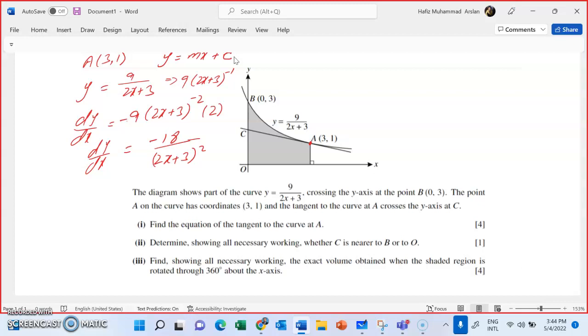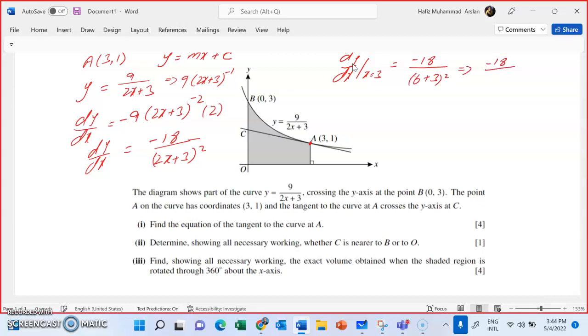So the gradient at this point, we need to plug x is equal to 3 into this. So minus 18 over 2 times 3 is 6, 6 plus 3 squared.